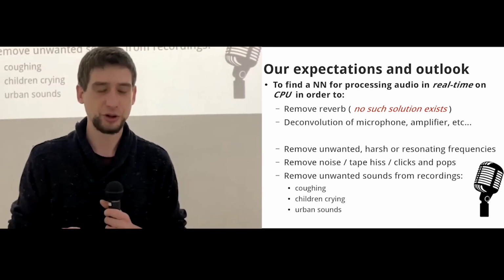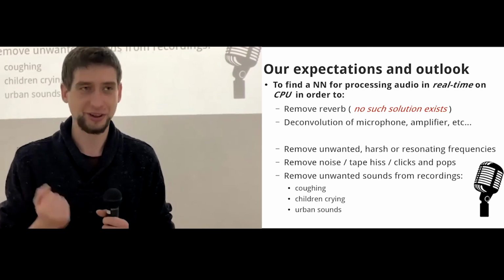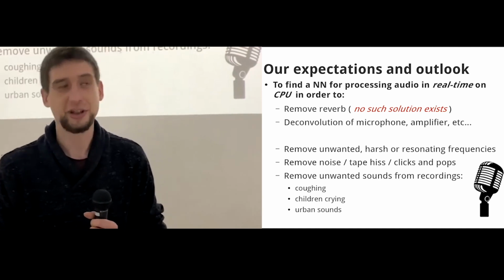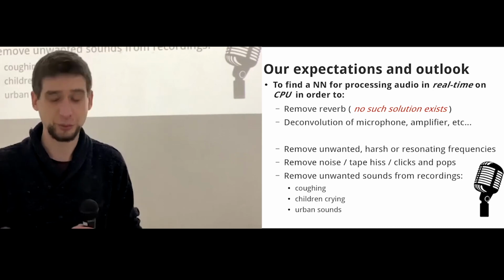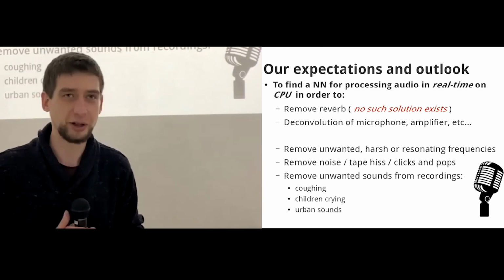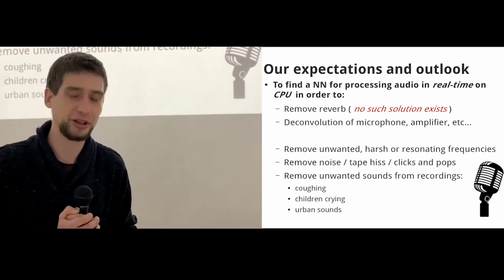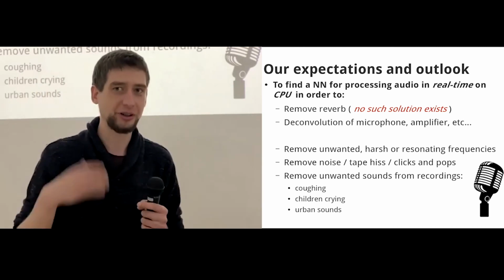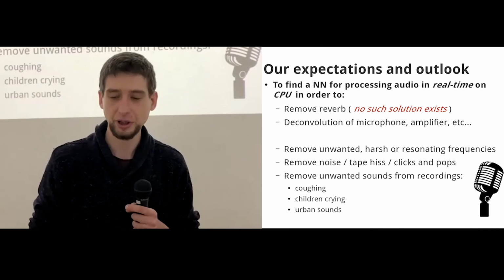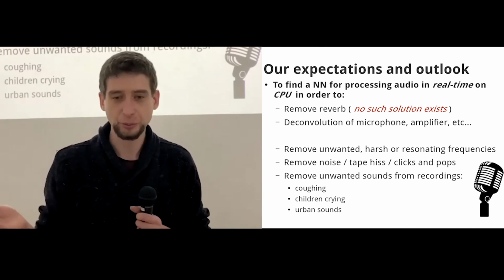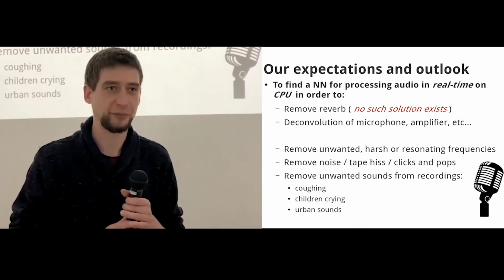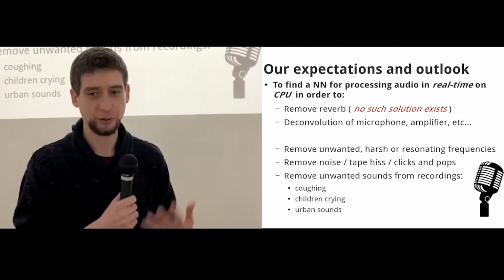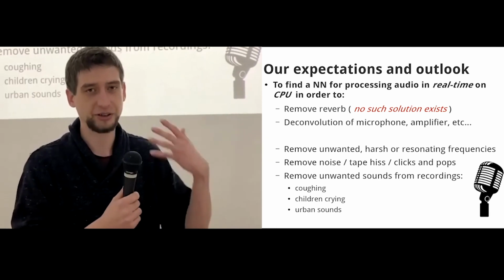The convolution operation is not easy to revert. However, if it would work, it would be super great because it's not only reverb that you want to deconvolve. The microphone and all the audio equipment has its own impulse response also. And in audio applications, you would sometimes want to get rid of the distortion that your microphone does to your signal.